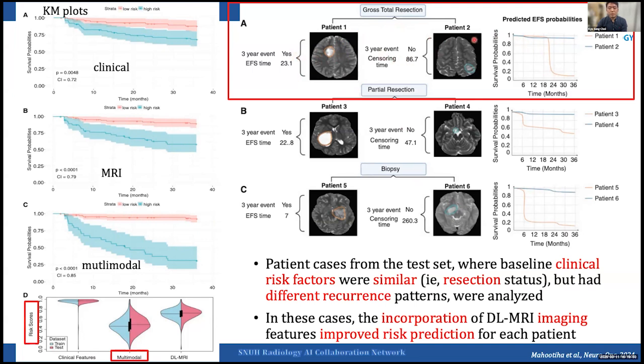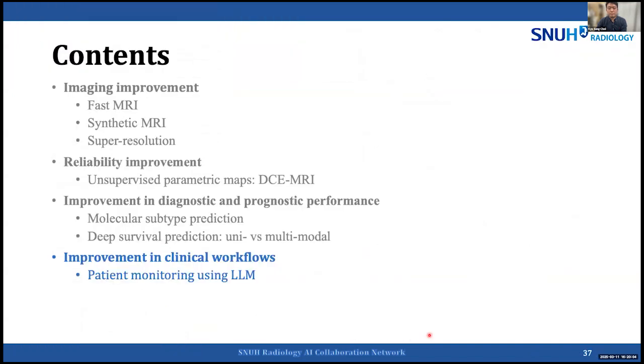However, in patient 2, there was no recurrence in 3 years. The survival probability stays the same as time progresses. Finally, the incorporation of imaging features improved risk prediction.